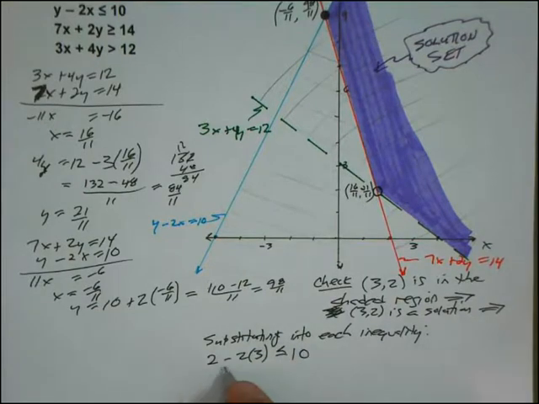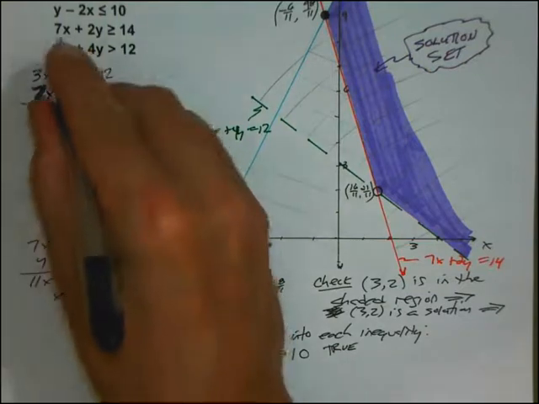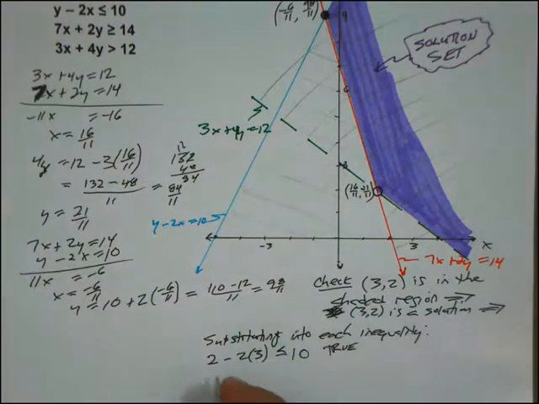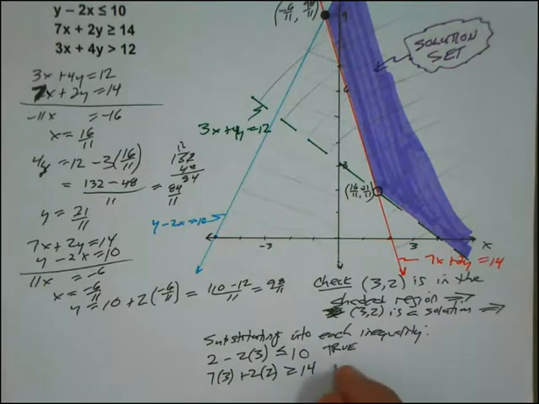That would be 2 minus 6, negative 4 less than 10. True. Okay, second inequality. Here, 7 by 3 plus 2 times 2, greater than or equal to 14. 21 plus 4, 25. 25 greater or equal to 14. True.